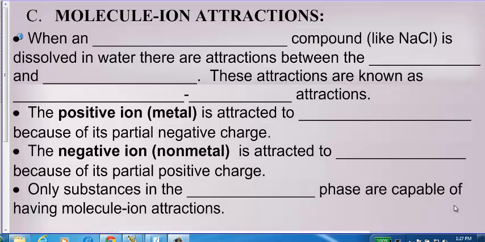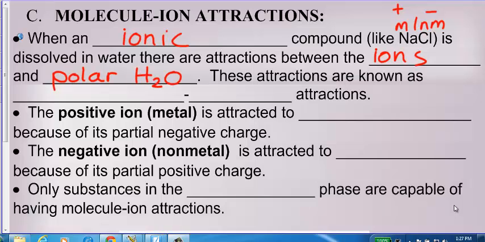Molecule ion attractions occur when you have an ionic compound, right? A metal and a nonmetal, like sodium chloride, where your metal's positive and your nonmetal's negative. When you take an ionic compound like that and you dissolve it in water, this works because water's polar and has partial charges.